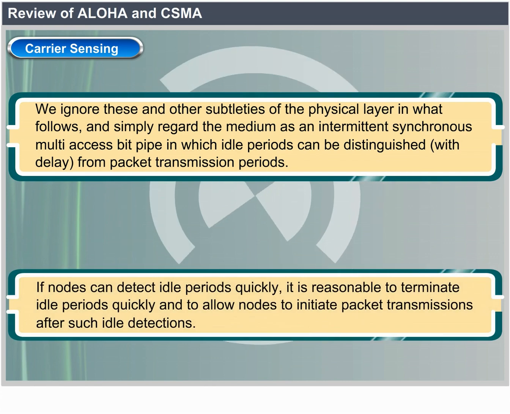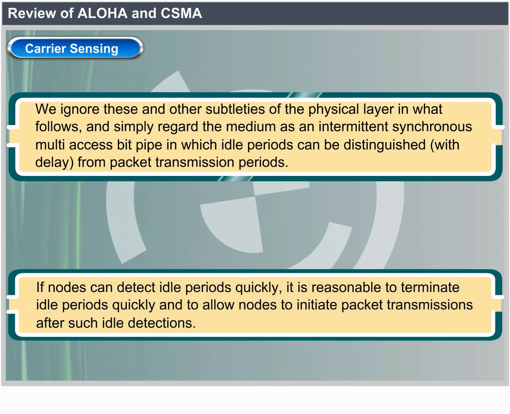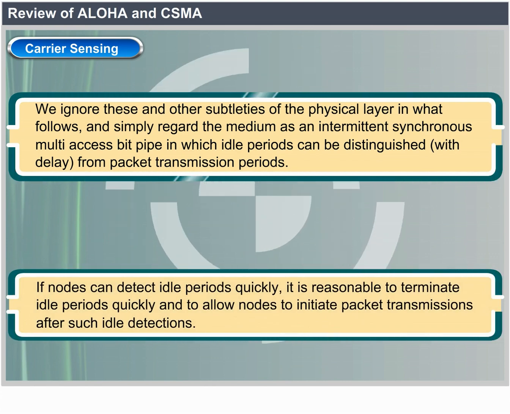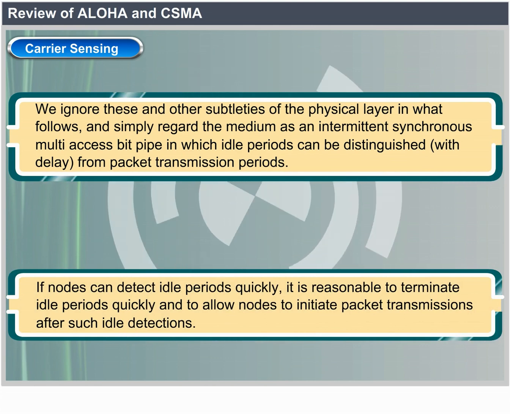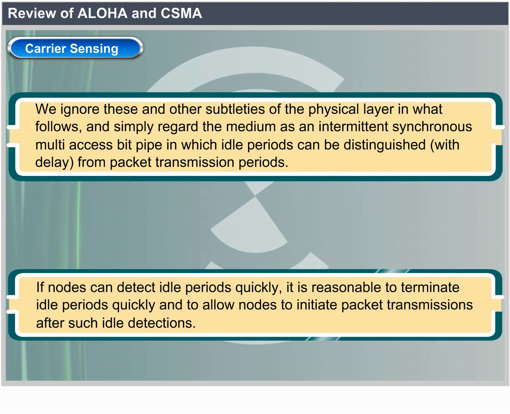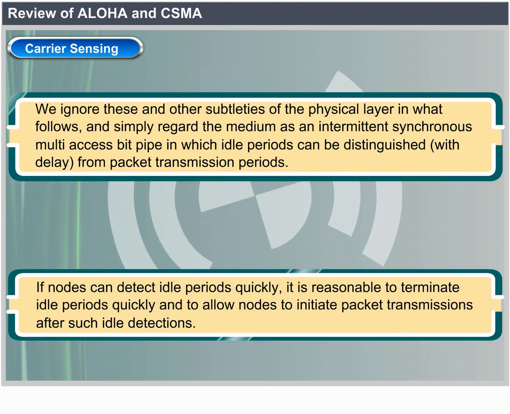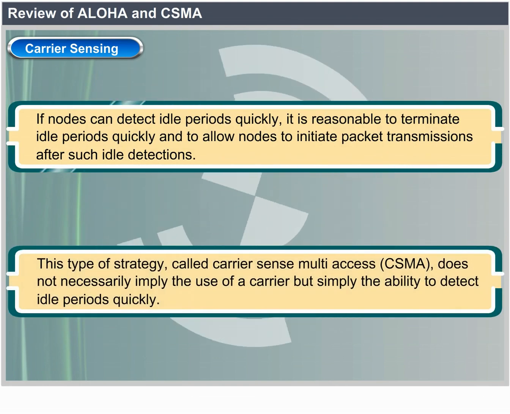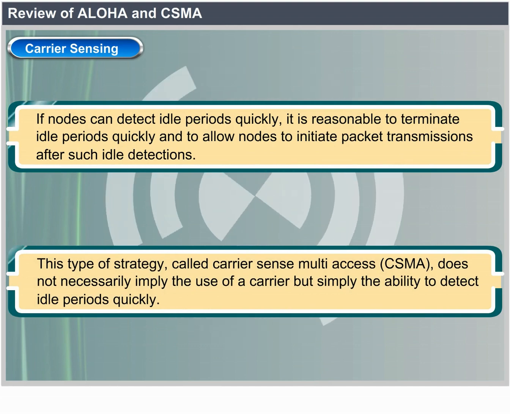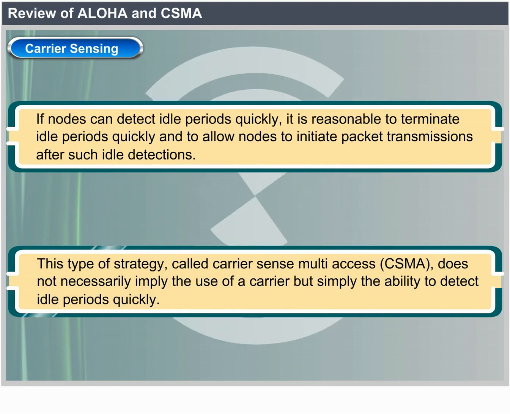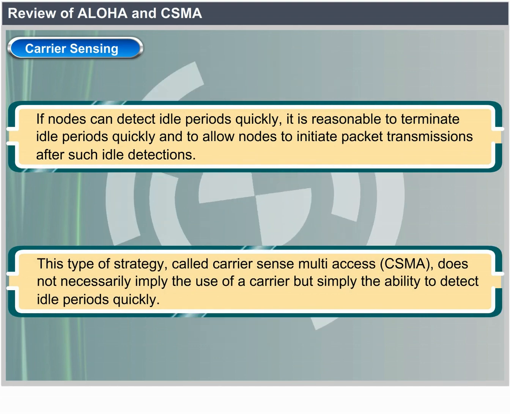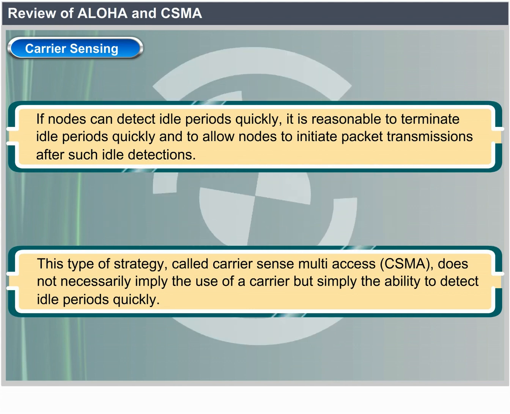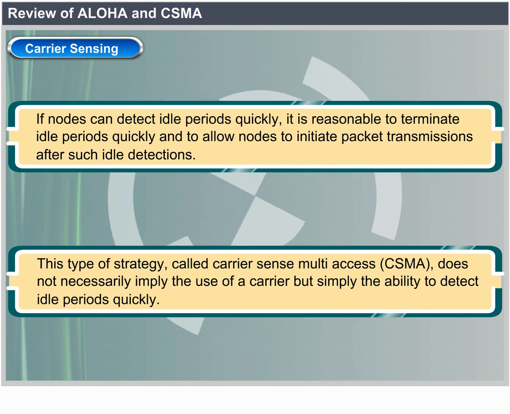If nodes can detect idle periods quickly, it is reasonable to terminate idle periods quickly and to allow nodes to initiate packet transmissions after such idle detections. This type of strategy, called Carrier Sense Multiple Access (CSMA), does not necessarily imply the use of a carrier but simply the ability to detect idle periods quickly.